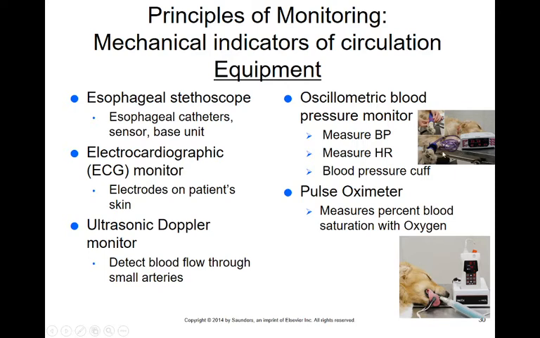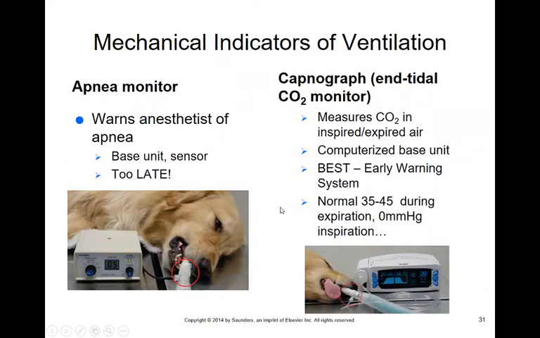Putting a blood pressure cuff on an animal and monitoring the blood pressure really tells us what's going on with them. And then pulse oximeter can be really helpful. It's not the only thing we should use, but it does help us understand a little bit about how the tissues are being oxygenated. What I love the most is the capnography, the CO2 monitor.